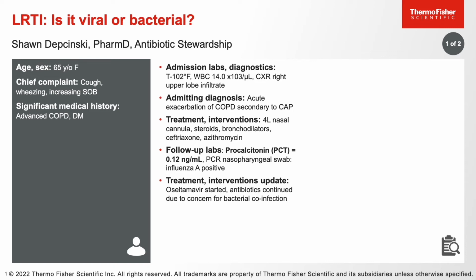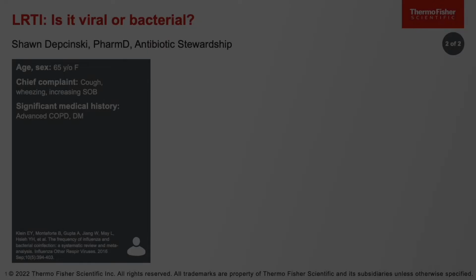Later that day, procalcitonin returned with a level of 0.12, and the influenza A PCR came back positive. Oseltamivir was started at that time, and antibiotics were continued due to a concern for bacterial co-infection.